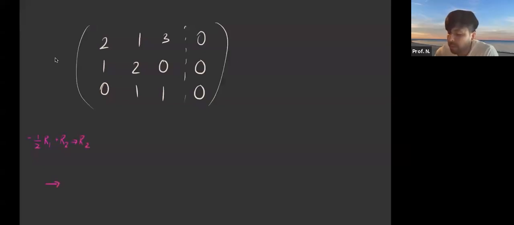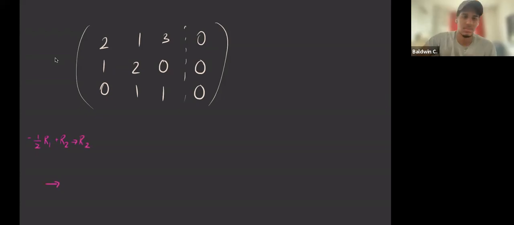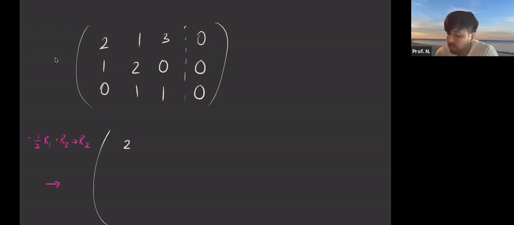So when I apply this, what's going to happen? I get 2, 1, 3, then 0, 0. This negative half plus 2 is 3/2, and the next entry is negative 3/2. This becomes 0, 0.